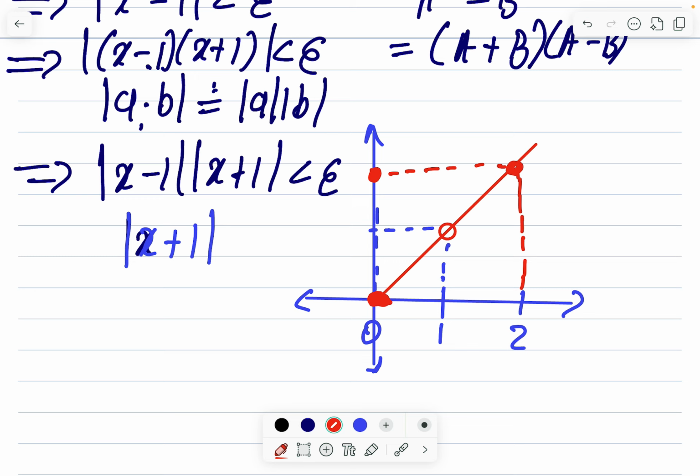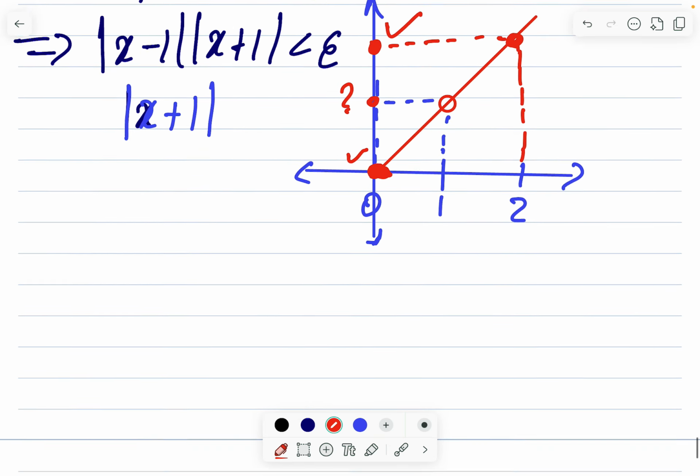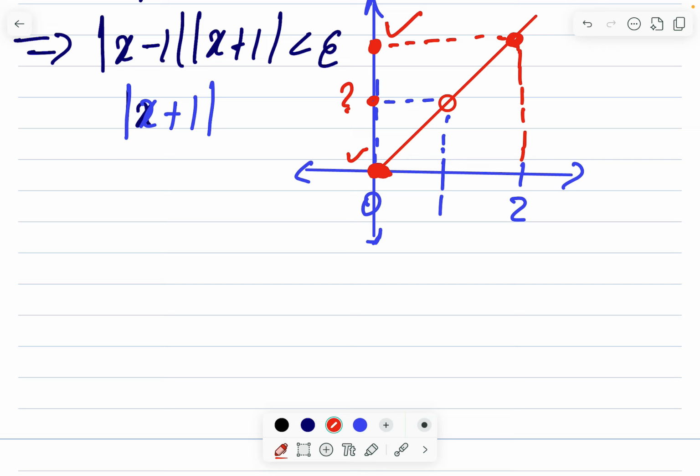So if you have the values of x here and you have the values of x here, it means the value of x that we want here is between this value and this value. So we are approximately closer to it. Understand? So how can you find that? The first step is to know that my interval is within this range.